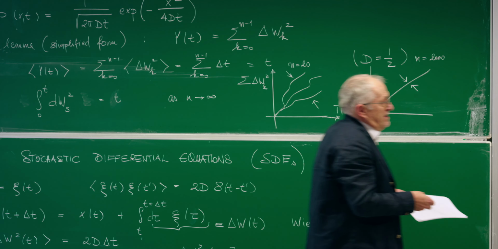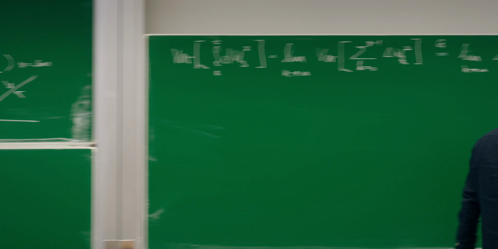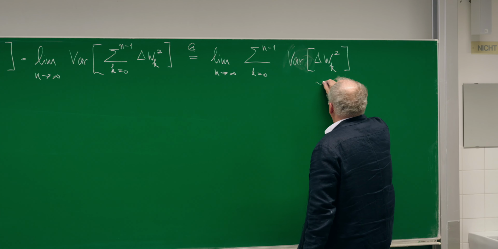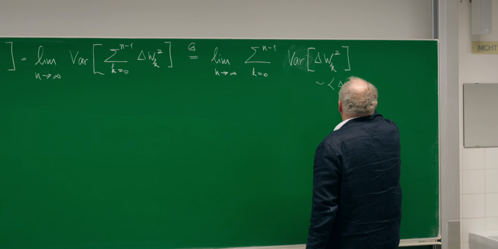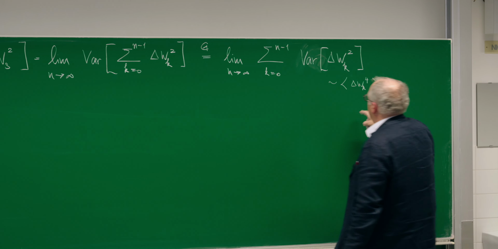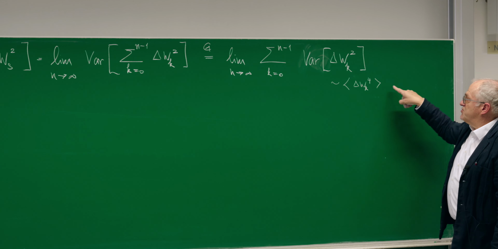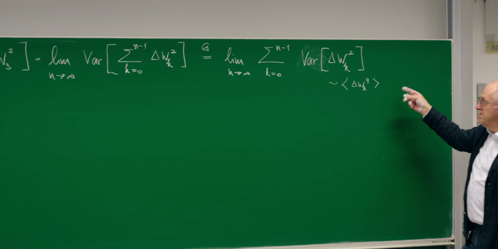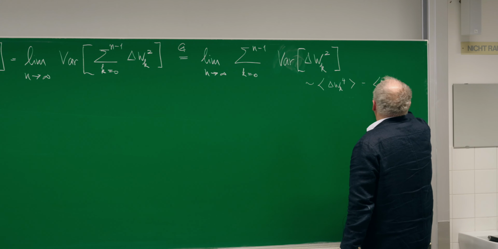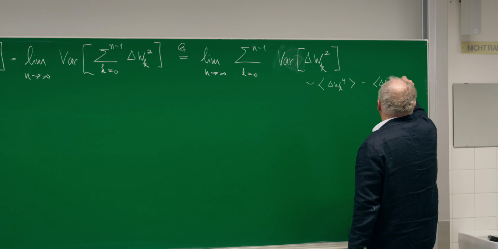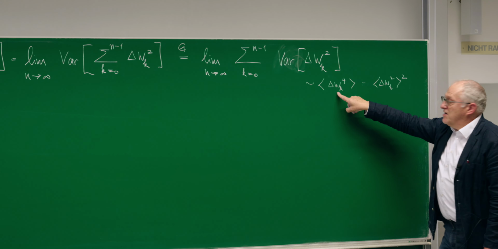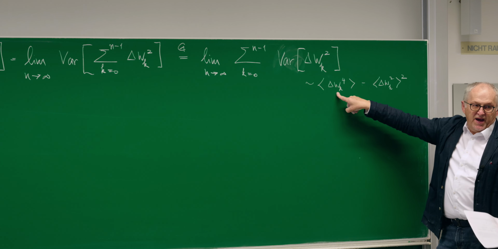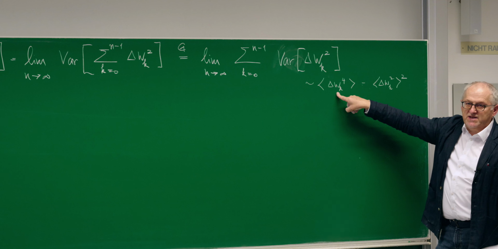Now, in the end, you have to calculate something like the average of delta w k to the fourth, and you have to subtract the average of delta w k squared, squared, because that's how the variance is defined. To evaluate a higher order Gaussian moment, you either do it by hand, or you know Wick's theorem.